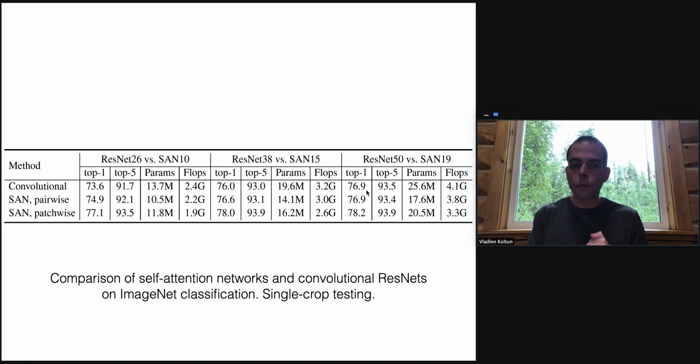Here we're going to compare our self-attention networks to ResNet baselines on ImageNet classification. And the way the self-attention networks are constructed is by just taking standard ResNets like ResNet 26, ResNet 38, ResNet 50, and basically replacing convolutional blocks in ResNet by our self-attention blocks that use the self-attention operators instead of convolutions.